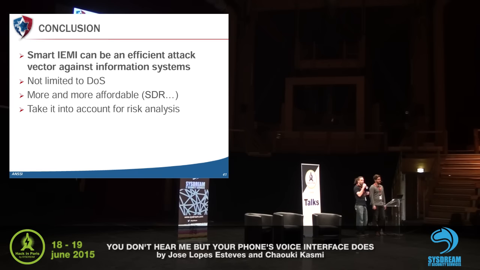And we have shown here that using smart intentional electromagnetic interferences, we are able to perform much smarter attacks, and it becomes a very interesting threat for information security. It is also interesting to point out that software-defined radio and low-cost amplifiers lead to designing low-cost, high-power sources, which need to be taken into account in risk analysis for critical infrastructures.